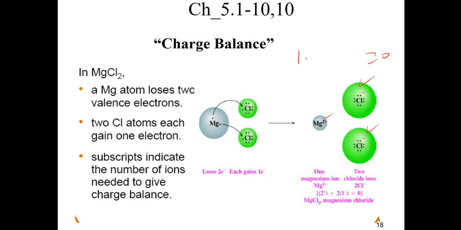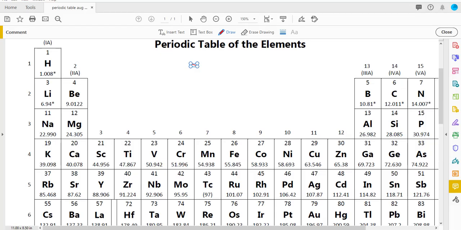So if I have 1 of the magnesium, which has a 2+ charge, and I have 2 of the chlorides, which is a 2- charge, the total number for positives is 2 positives. The total number of negatives is 2 negatives, and that equals 0. And that's how you know you're making the proper ionic formula. So now let's get into the tricks.